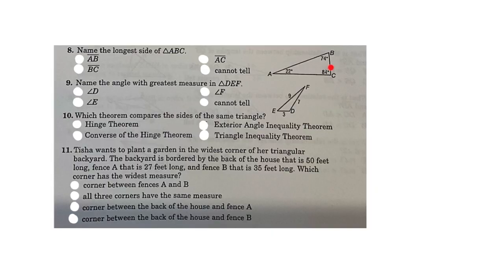The largest angle here is 84, so the longest side is AB, aka BA. So that's this one. Name the angle with the greatest measure. Well, the angle with the greatest measure is going to be the one that's across from the longest side. The longest side is EF. The angle that's across from EF is D. So that's this one.